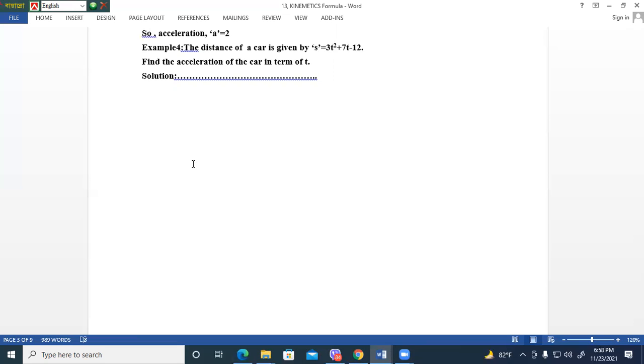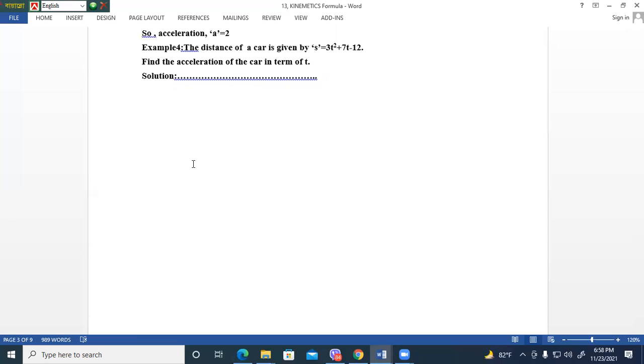May I ask Malia to read out the question? Yes, sir. Example 4. The distance of a car is given by s equals 3t squared plus 7t minus 12. Find the acceleration of the car in terms of t.